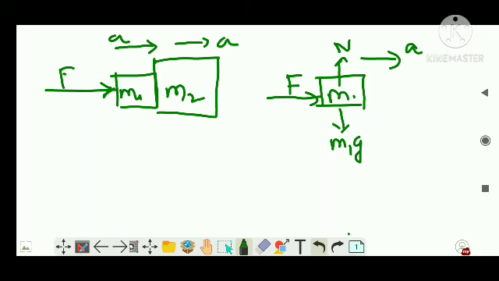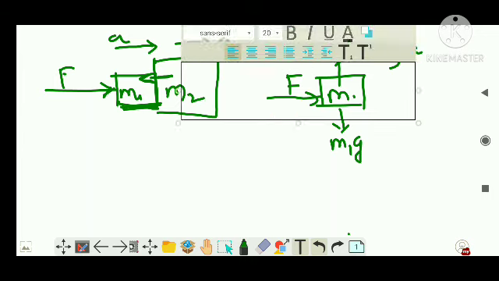Yes, there is a force. See, M1 and M2 are in contact. So when you push the first block by F, there will be a normal reaction. M1 is applying a force on M2. Then M2 will be giving a normal reaction in this direction. Let's say N.